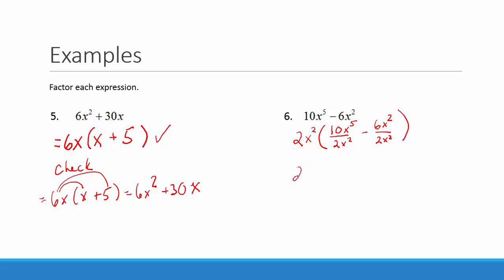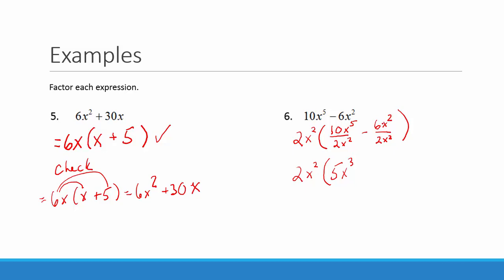So outside still is the 2x squared, which is our greatest common factor, and now let's simplify. 10 divided by 2 is equal to 5, and when we are dividing, we subtract exponents. So 5 minus 2 is equal to 3. So our power on the x is 3.